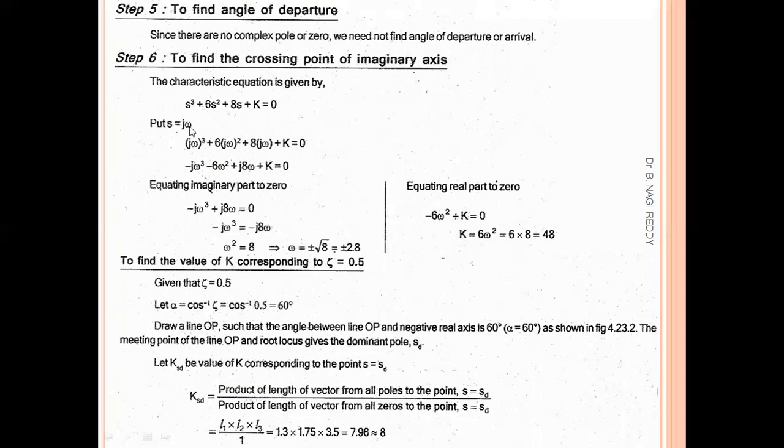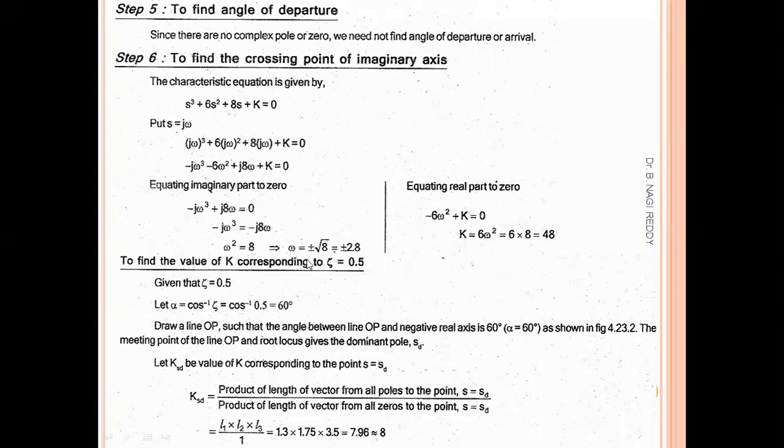So use that equation. Now, in place of s, we need to substitute s equal to j omega, and simplify; you'll get this type of equation. Now, take the j terms common and equate them to 0, which means the imaginary part to 0, as well as the real part equal to 0.